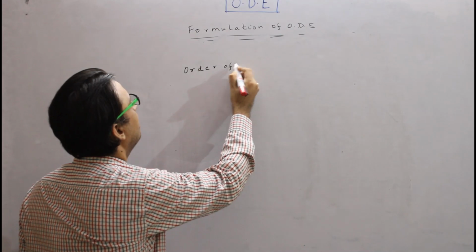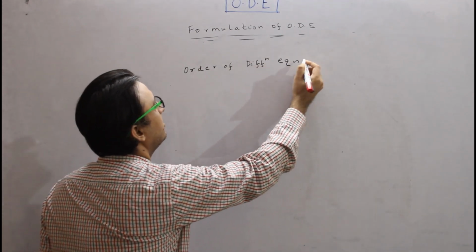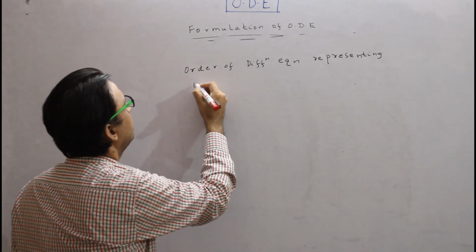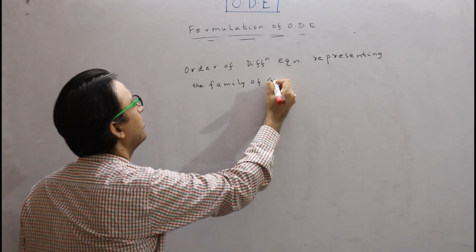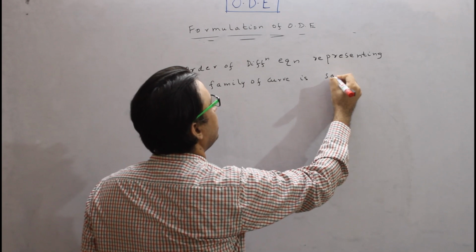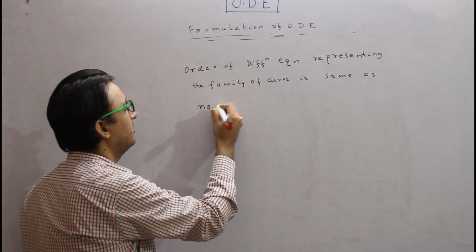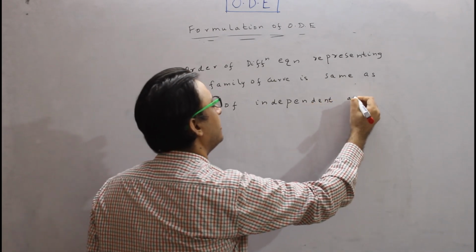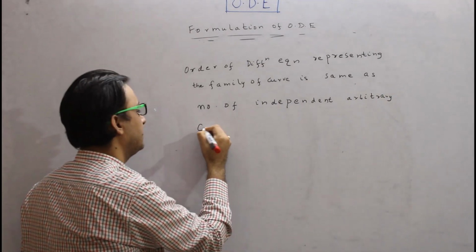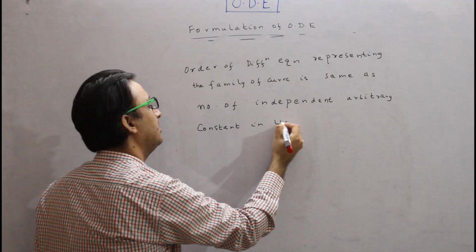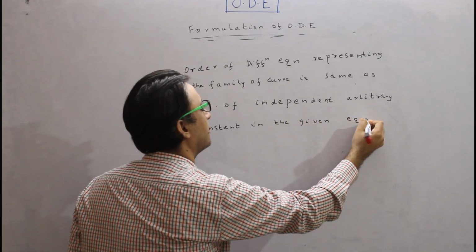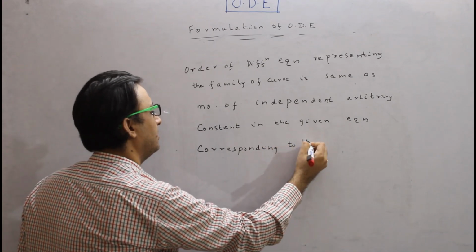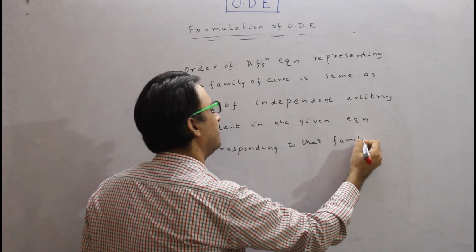Order of differential equation representing the family of curves is the same as the number of independent arbitrary constants in the given equation corresponding to that family of curves.